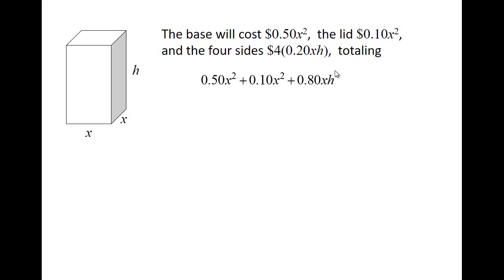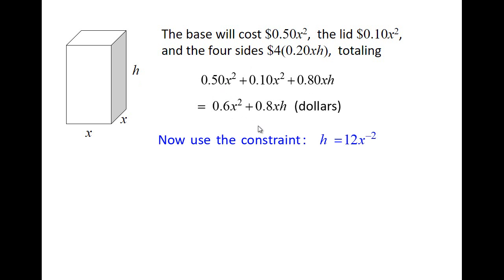So the total cost of building a box with sides x, x, h is given by this, and we can rewrite that as 0.6x squared plus 0.8xh, and using the constraint here, we can replace h by 12x to the negative 2.